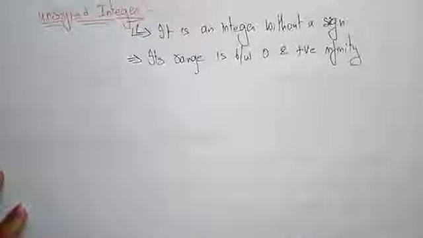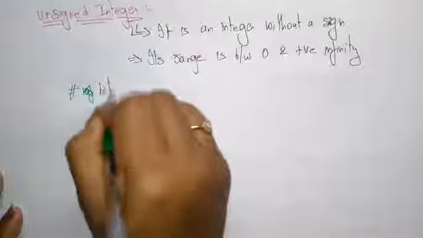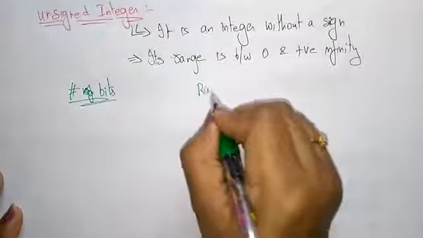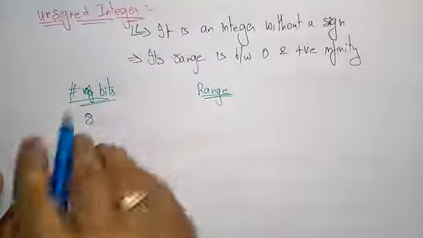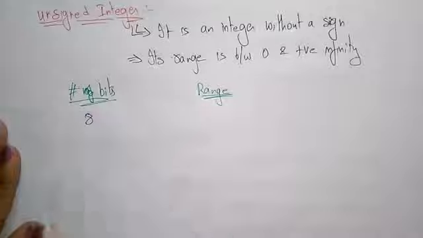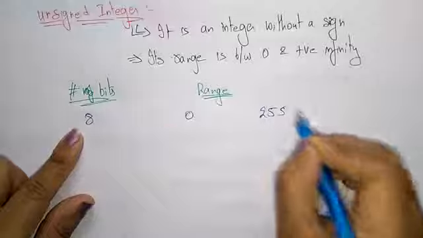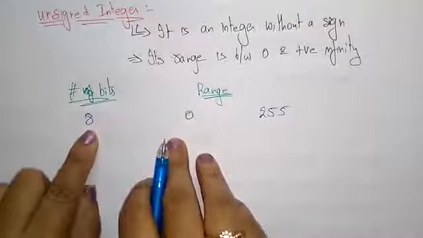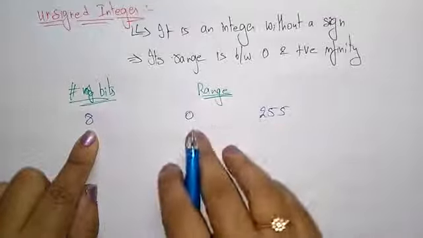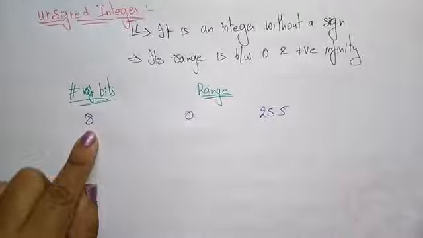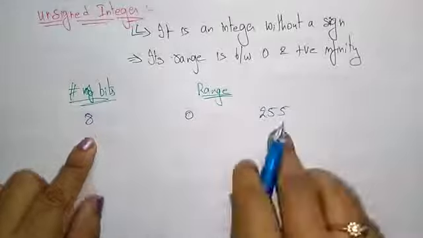Let us see the number of bits and the range of unsigned integers. Suppose the total number of bits is 8. These 8 bits can be represented in the range 0 to 255. This is a bit pattern, like the binary numbers 0, 1, 1, 0, 0, and those binary numbers should be in the range between 0 and 255.